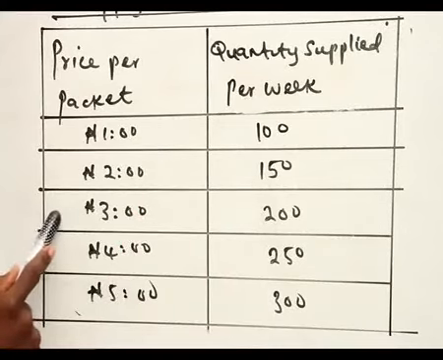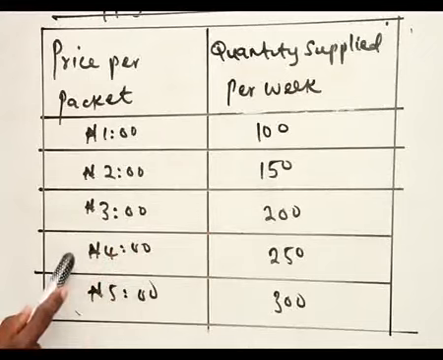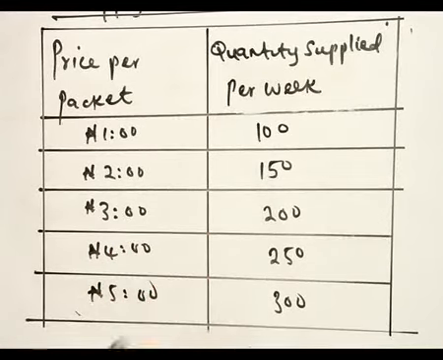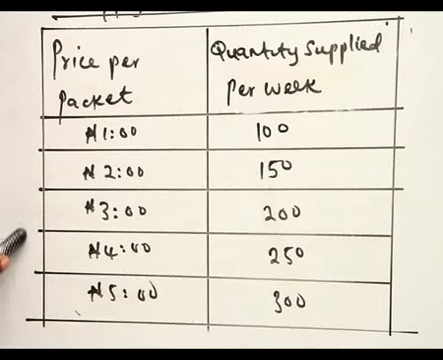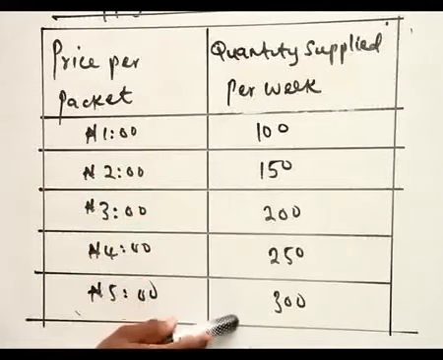When the price is 3 naira, quantity supplied is 200. 4 naira, 250. 5 naira, 300. We will observe one thing from the table, that as the price of the commodity is increasing from 1 naira to 4, 5 naira, quantity supplied also increases.